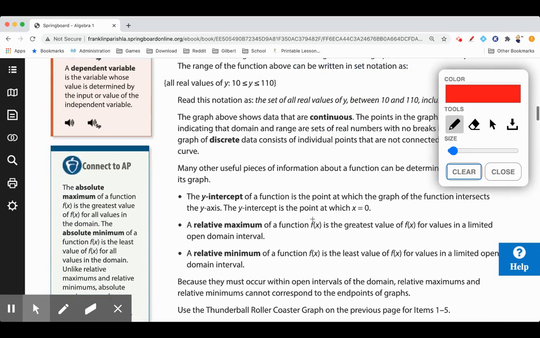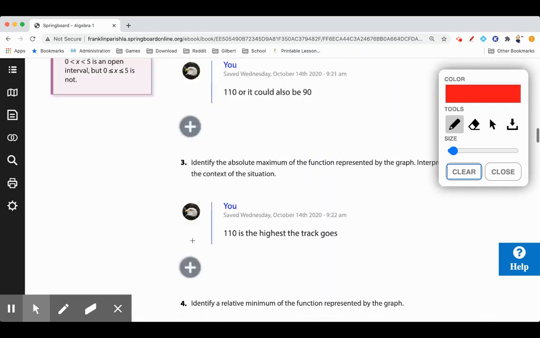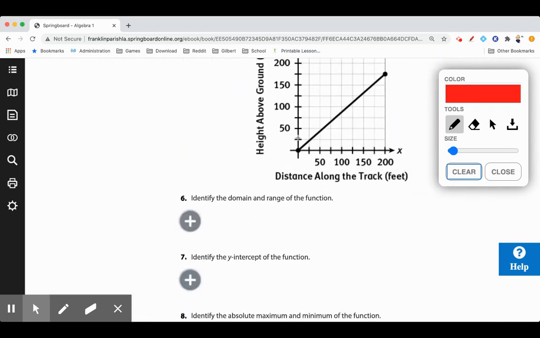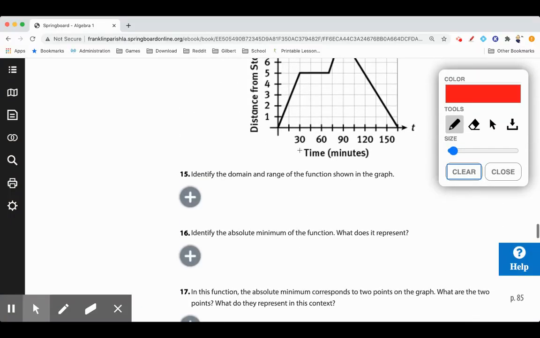Okay, Y-intercept. Where it intercepts the y-axis. So think of like a football interception. Okay, it's caught. This is where the line is catching it, right here at 10 on this graph. 0, 10. On this graph, the intercept is at 0, 0.